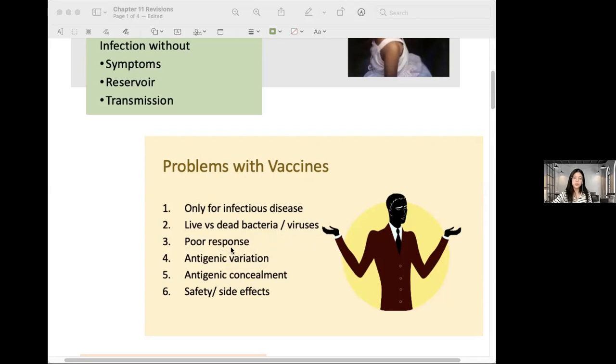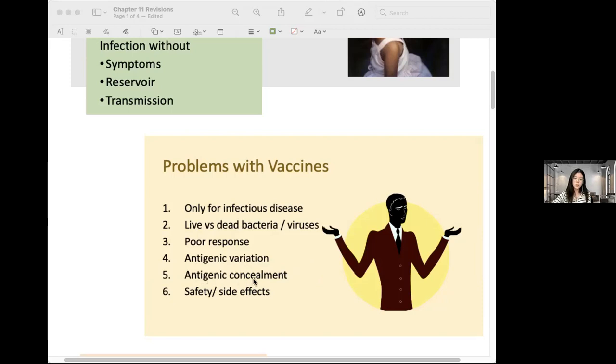A poor response happens when the person is born with a defective immune system or protein energy malnutrition, so they cannot produce cells for the immune system. Antigenic variation. The antigens encountered by our immune system keep changing because there are many different strains that can cause the same disease, and regular mutations.